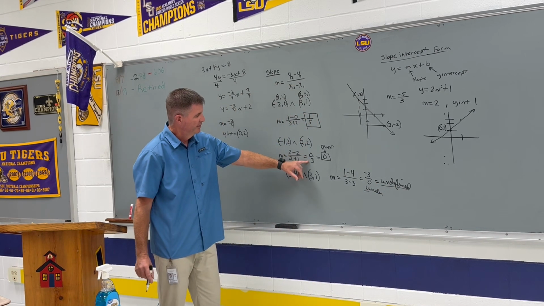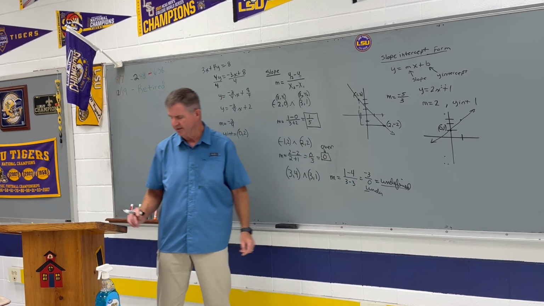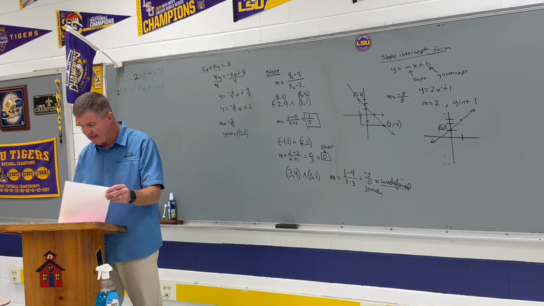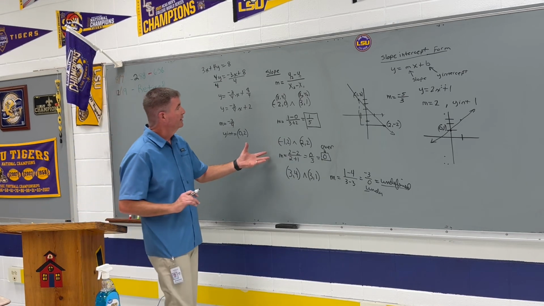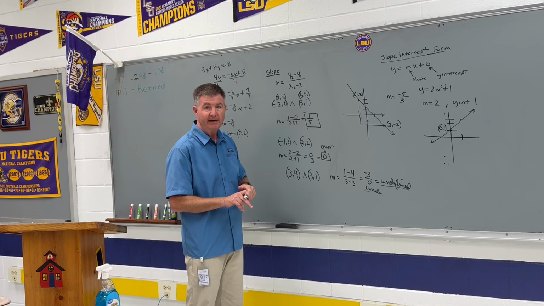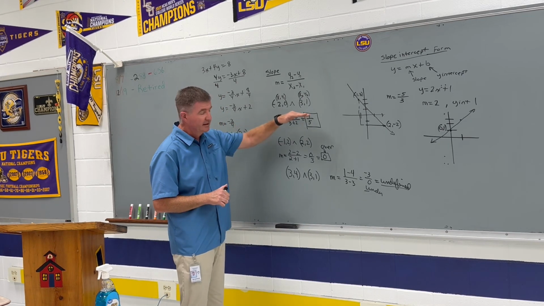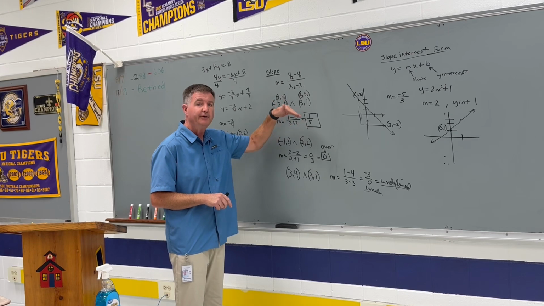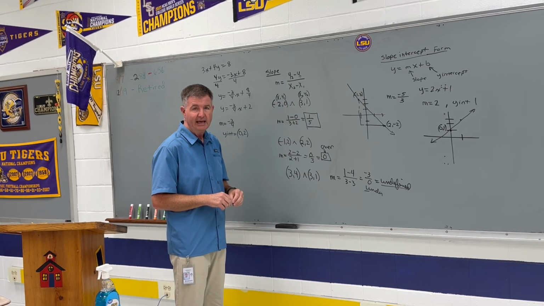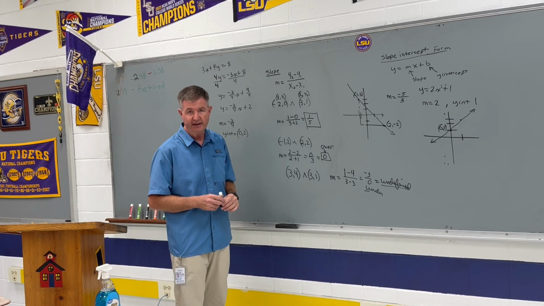So remember, 0 over the number is a 0, 0 under the number is undefined. And that is the formula in order to find slope. Again, uphill from left to right, positive, downhill from left to right, negative. If it's a horizontal line, that's 0 slope, we're not going up or down, 0. And we can't do it if it's straight vertical, undefined.